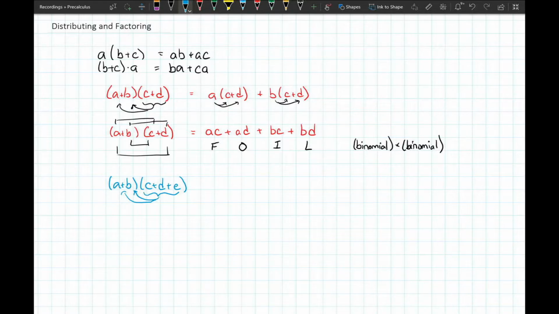Once you have all of these things expanded, don't forget that if any of the terms are like terms, like 3x and 5x, then you can add them together and get 8x. Don't forget that you also want to simplify.